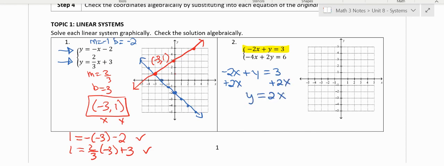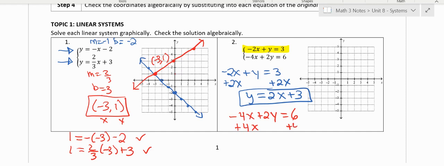So I'm going to graph here y equals 2x plus 3. That's my first equation. And then I'm going to rewrite my second one. I'm going to add 4x. I see I don't have like terms, so I'm rewriting it. And then I'm going to divide everything by 2. So it actually works out that I have the same equation repeated, right?